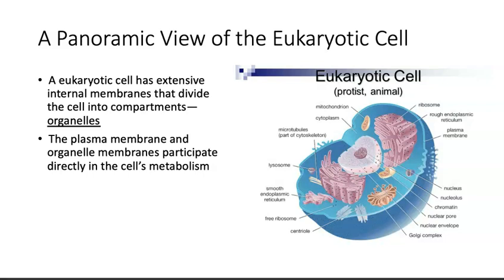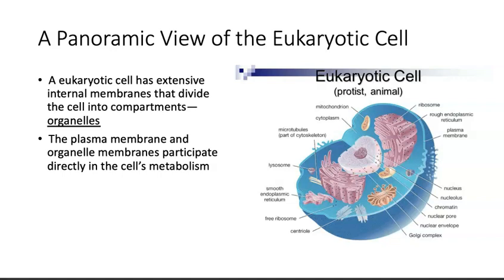We are going to take a very close look now at the eukaryotic cells. And remember that eukaryotic cells are a lot more complicated. I grabbed this image off the internet just to show you some of those complications. A lot of these structures are divided into compartments called organelles. Again, I've used that word quite a bit now. Hopefully you're getting the picture of what an organelle is.